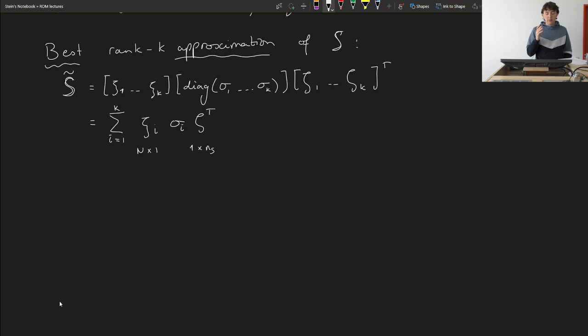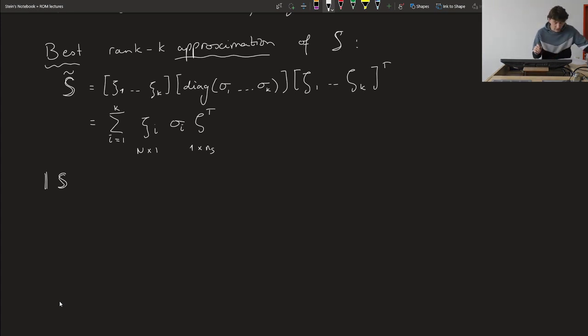And the way that this is best is in a certain norm. Yeah? That's the way that we measure errors, that we measure differences, so that's how we determine if something is best, by measuring the norm of the error. And the norm that is relevant for this case is the Frobenius norm. And that is the following.